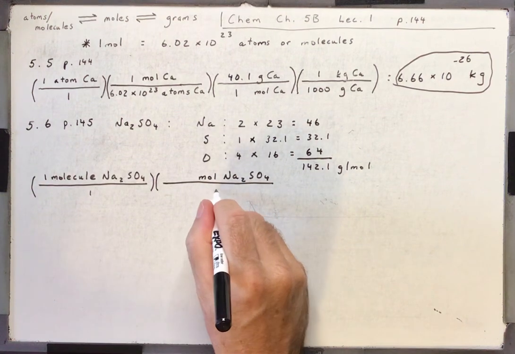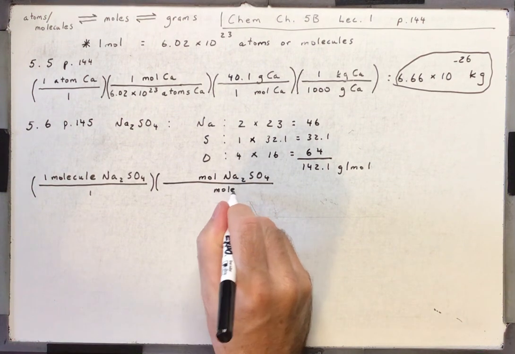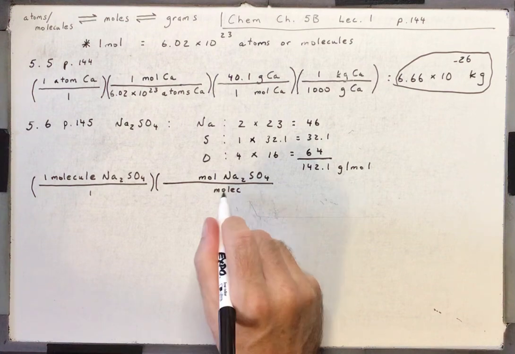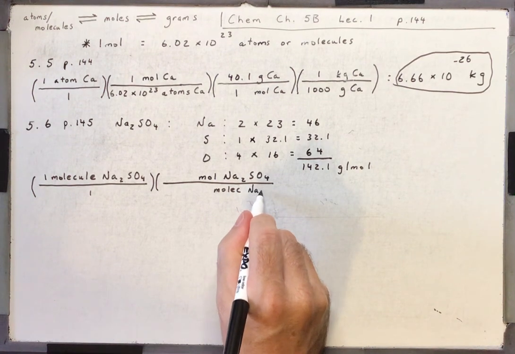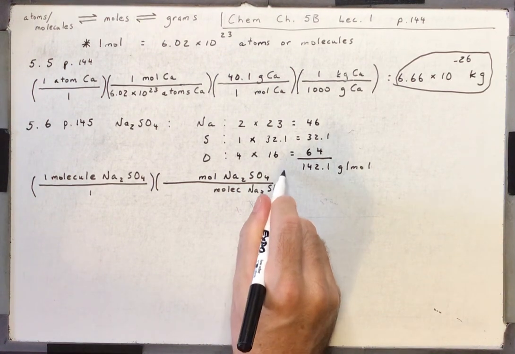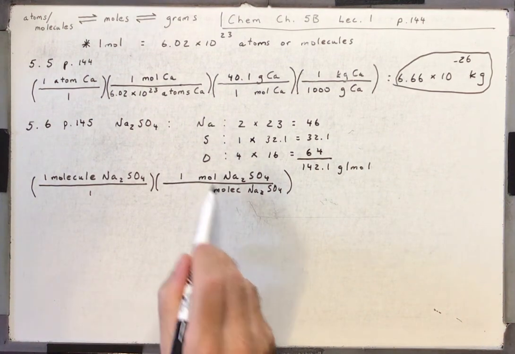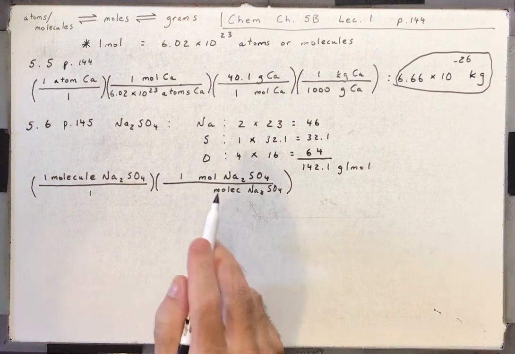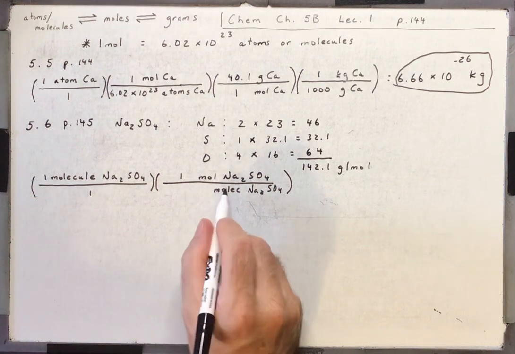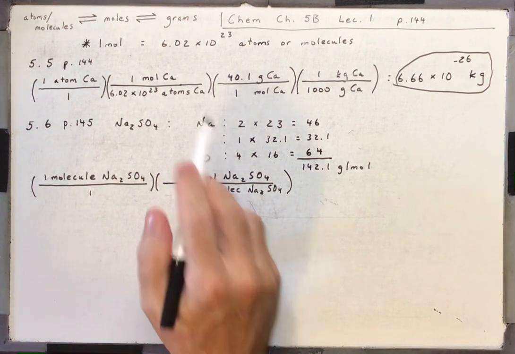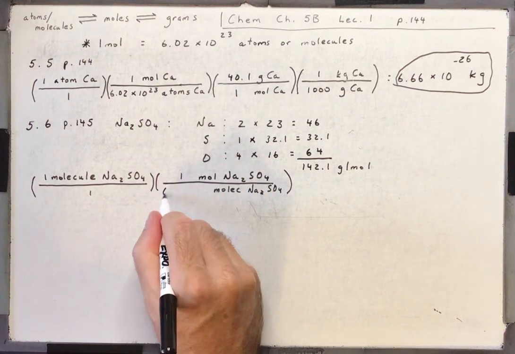We want to cancel out molecules. I'm just going to do MOLEC, Na2SO4. The 1 always goes by the mole if it's with another unit. Now, if it's mole over mole, that's different. We'll get to that in a little bit. How many molecules are in a mole? 6.02 times 10 to the 23rd.